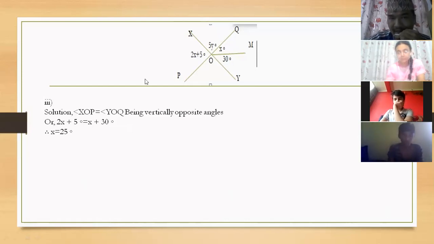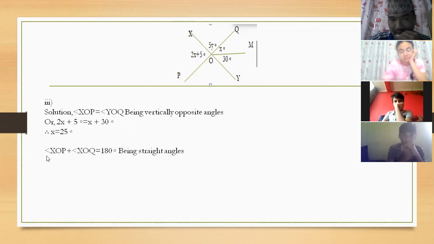Now, after finding the value of x, we can find the value of y also. We know these two angles, XOP and XOQ, are a linear pair or straight angle. We can write like this, look here. Angle XOP plus angle XOQ equals 180 degrees, being straight angles. Okay, children?